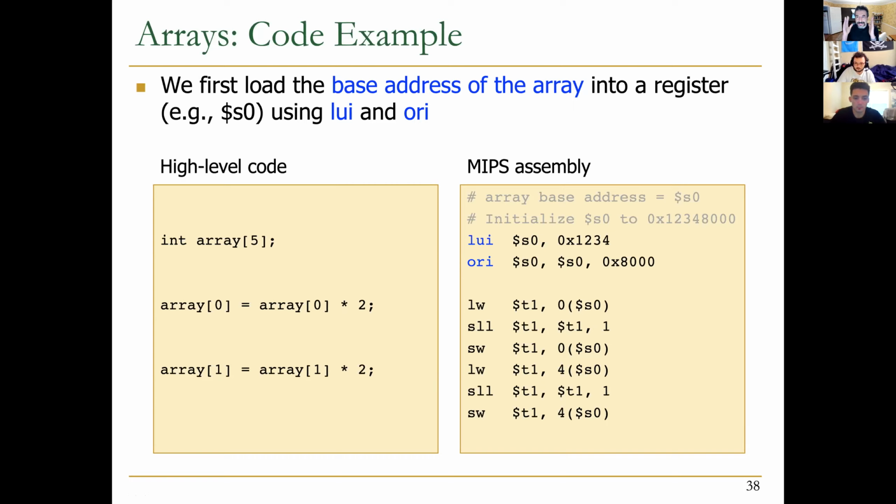Because MIPS is byte addressable, and 1 is pointing to somewhere else. So to make it very clear, let me make it a lot more clear so you fully understand what's going on here, so you won't make that mistake again that I sometimes do myself.